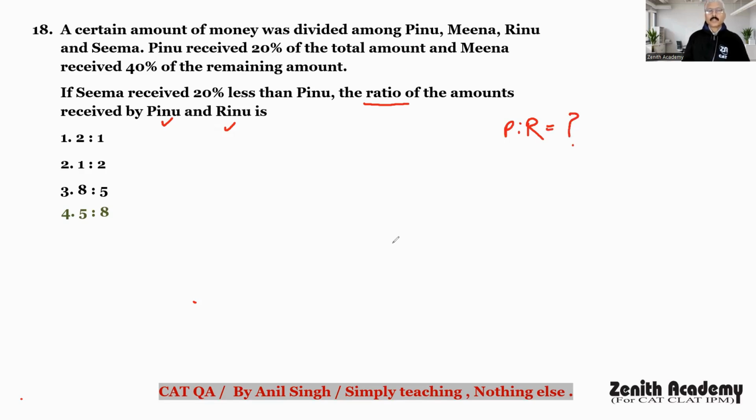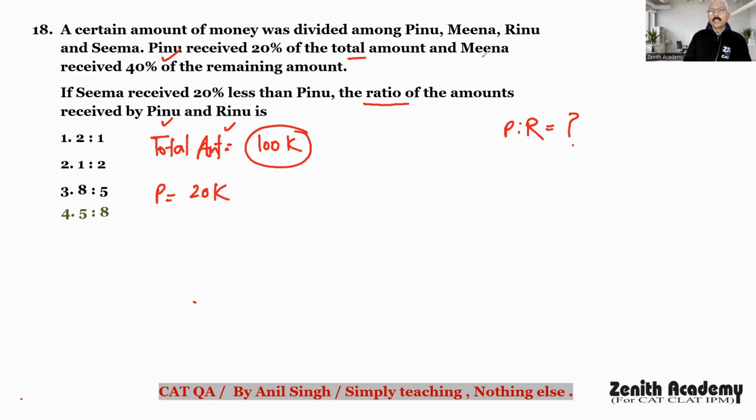Okay. So let us take the total amount as 100K. Pinu received 20%, means Pinu will get 20K. And Meena received 40% of the remaining.